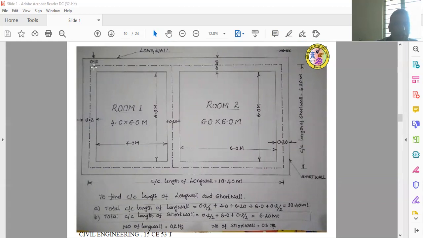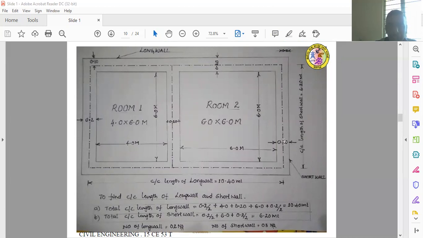Here we have to take half of the width of the wall, which is 0.1 meter, plus 4 meter, plus 0.2 meter, plus 6 meter. Here also you have to take only half of the thickness of the wall. So the total center to center length of this horizontal wall is 0.2 by 2, since the thickness of the wall is 0.2 and you take only half of it, then 4 meter is the first room's horizontal direction, plus the thickness of the wall between the two rooms, 0.2 meter, and 6 meter is the other room's horizontal length.